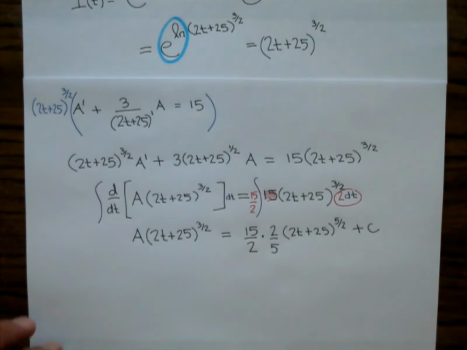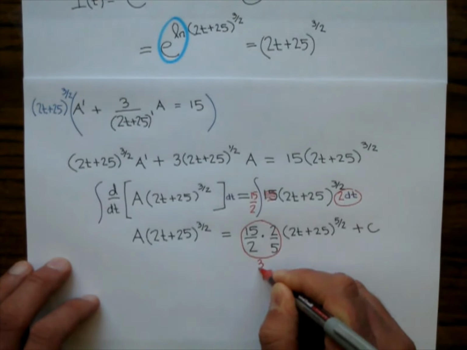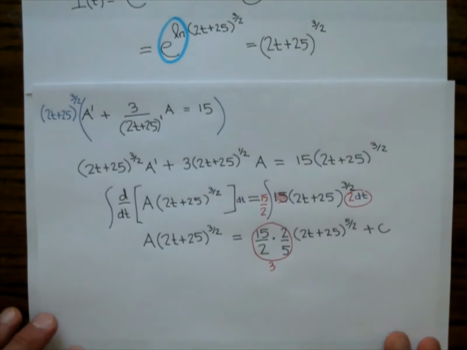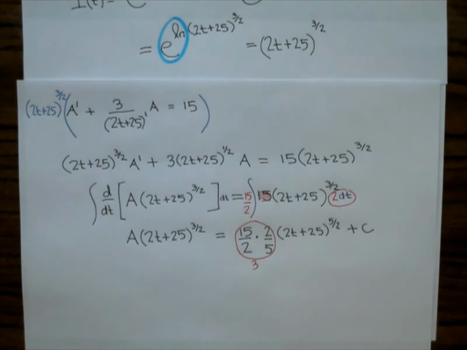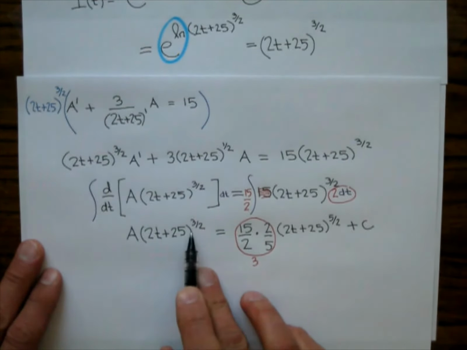Okay, look what happens here. This guy right here becomes 3. What I want to do is divide by this integrating factor.